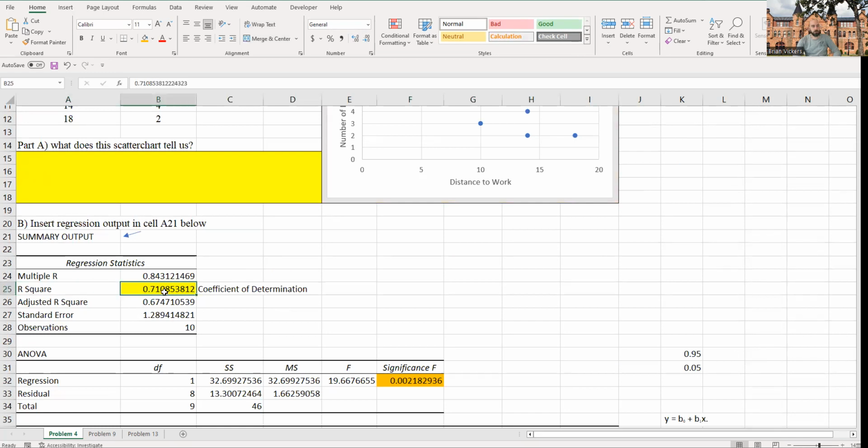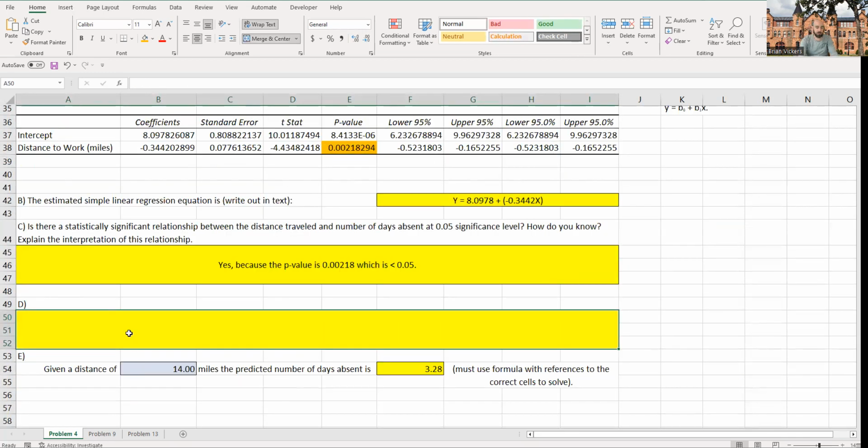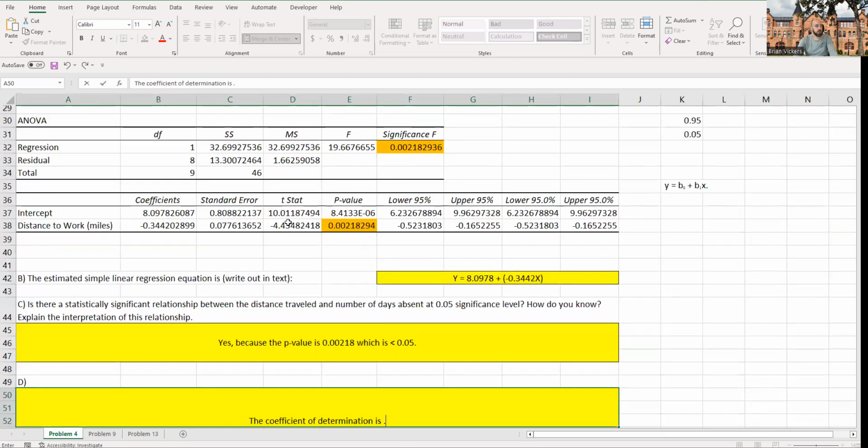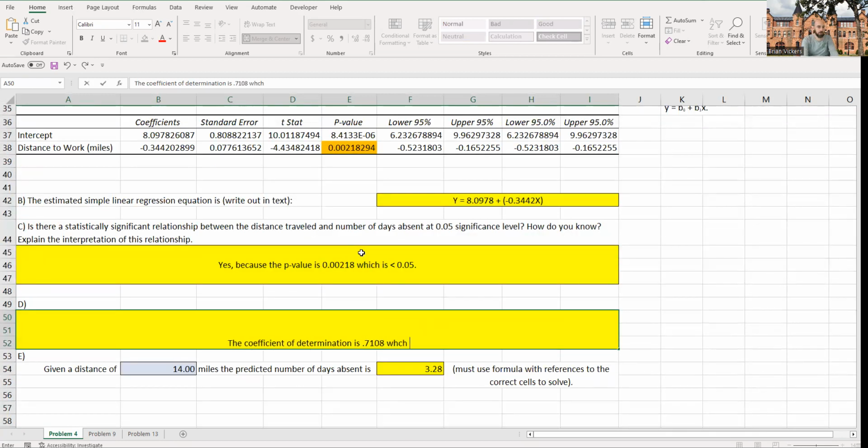So I would say that for part D, if you're looking at problem 1, the coefficient of determination is 0.7108, which means, let me explain that, which means that 71% of the variation in the model can be explained by the distance traveled, or whatever, distance from home, distance to work.